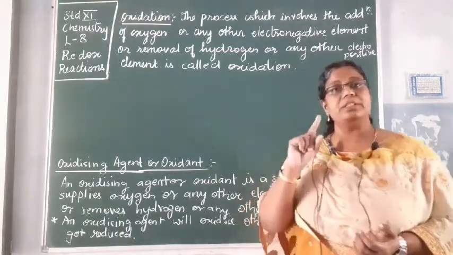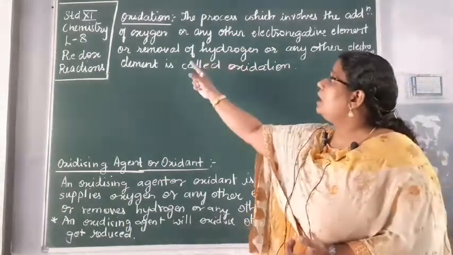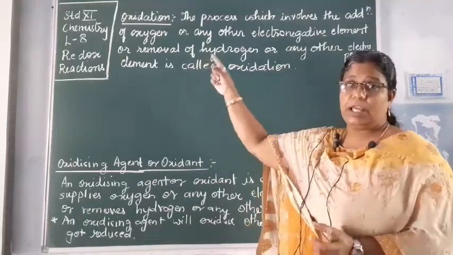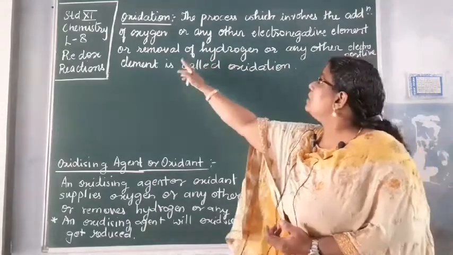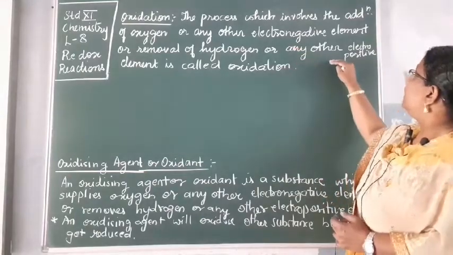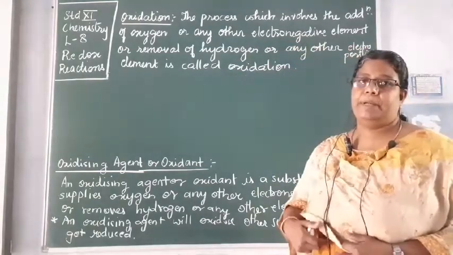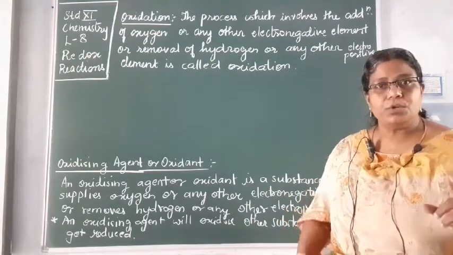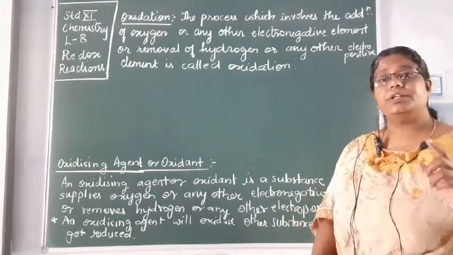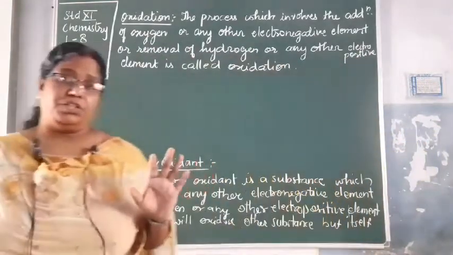This is one way of understanding. Another thing is, oxidation reactions can also be defined as the removal of hydrogen or any other electropositive element. Either you are removing hydrogen or you are removing any other electropositive element, then that will be called oxidation.